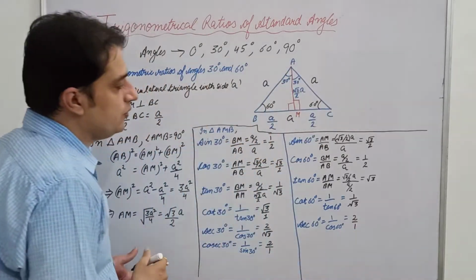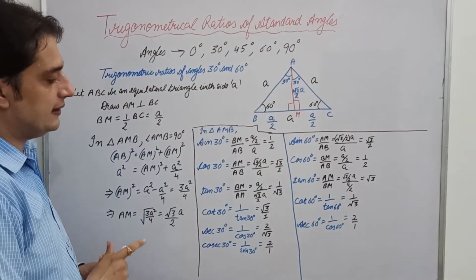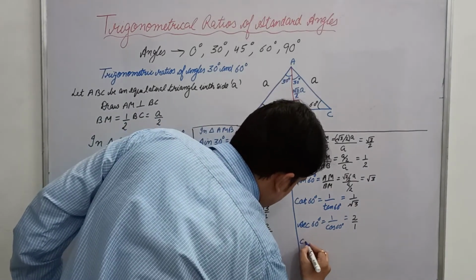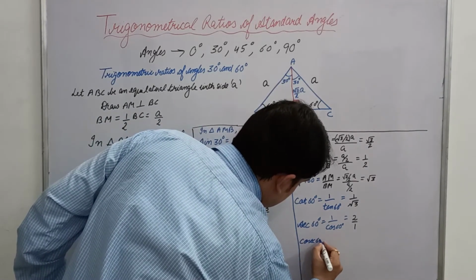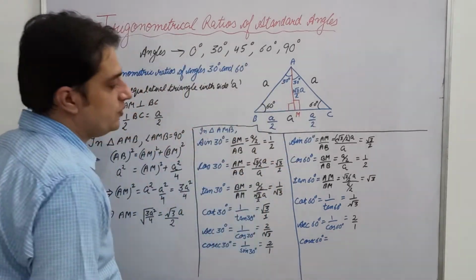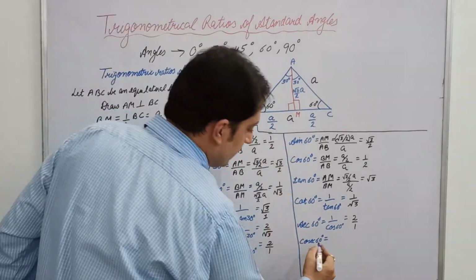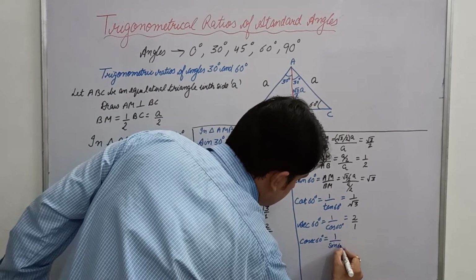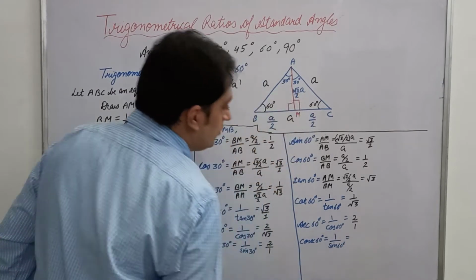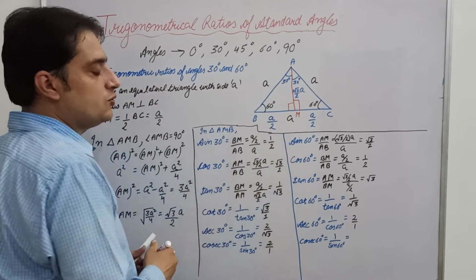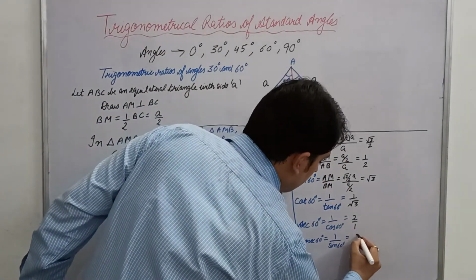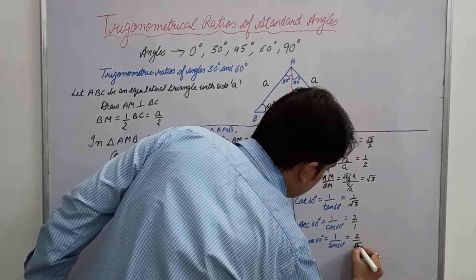Again, last, the cosecant, the reciprocal of sine of an angle, that is 1 by sine 60 degree. So the value of sine 60 degree here is root 3 by 2, perpendicular by hypotenuse. So this value becomes 2 by root 3.